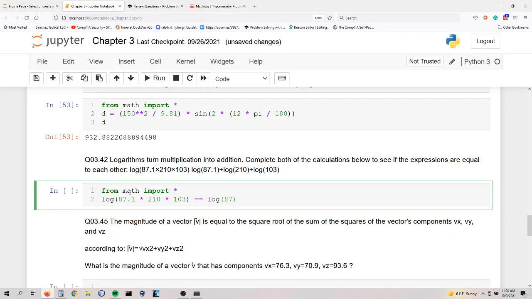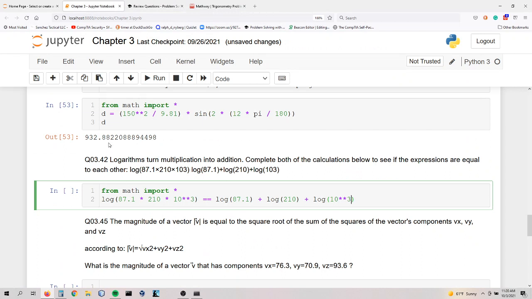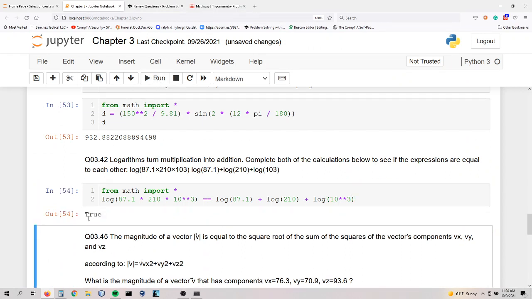Now we'll do log of 87.1 plus log of 210 plus log of 10 to the third power. See, some of this didn't copy and paste right. Let me double check, yeah, it's 10 to the third. I just wrote 103. Let's run this. True. So these get the same value.